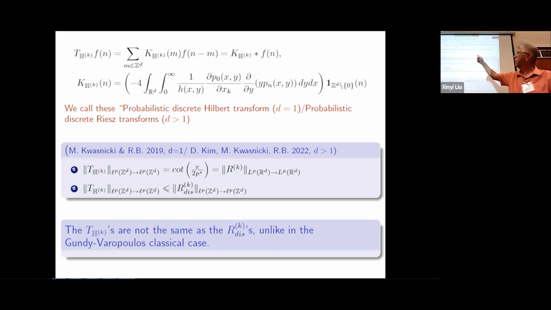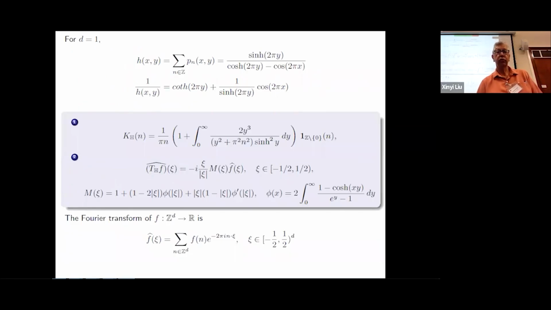And the question is now, are these kernels, for these new operators, which are called T sub H_k's, with the bound cotangent, and now they are, of course, in Z^d, do they give the Riesz transforms in higher dimensions? And in one dimension, do they give the Hilbert transform? And you know, it doesn't take very much work at all to show that they don't.